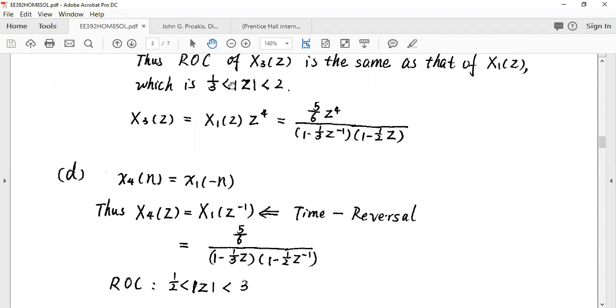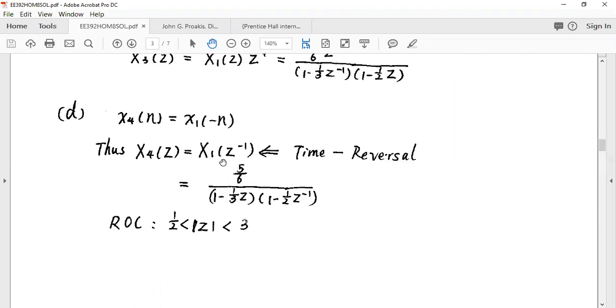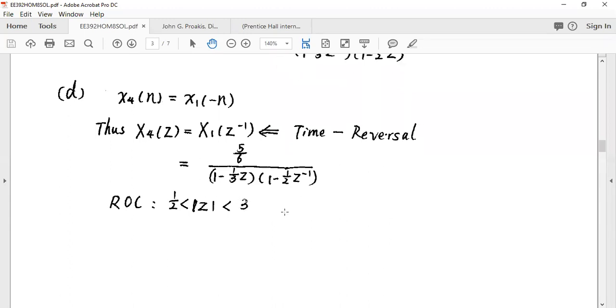You can reverse these signs: the inverse of 1/3 gives me 3, the smaller-than sign becomes bigger-than, and z remains as it is, while the inverse of 2 gives me half. Either way, you can use whatever you find easy, but I would suggest going by the equations in order to find the region of convergence.